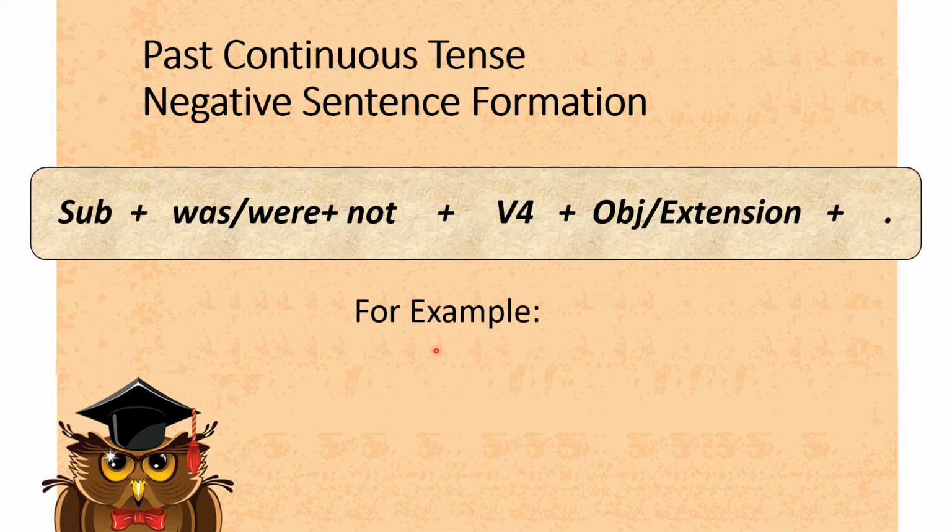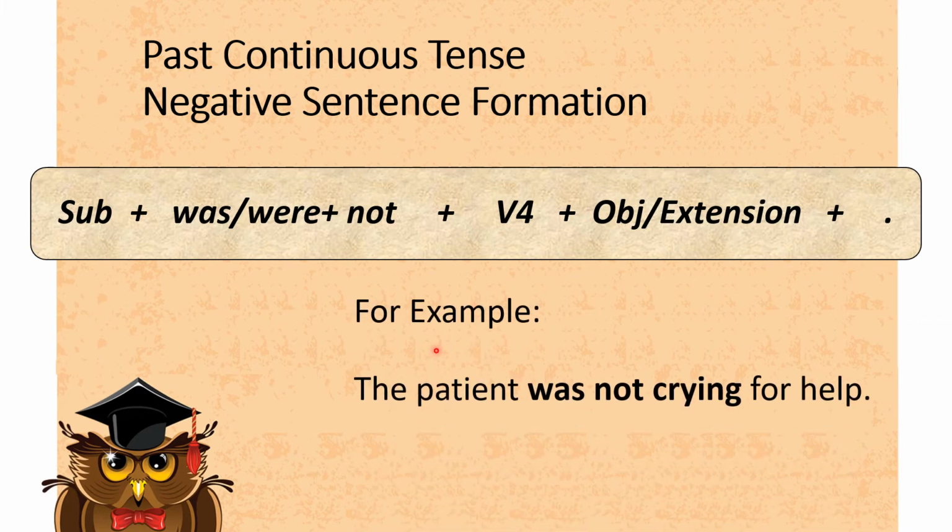For example, your affirmative sentence was the patient was crying for help. You can see that now this is the negative form of that sentence, and it is the patient was not crying for help.